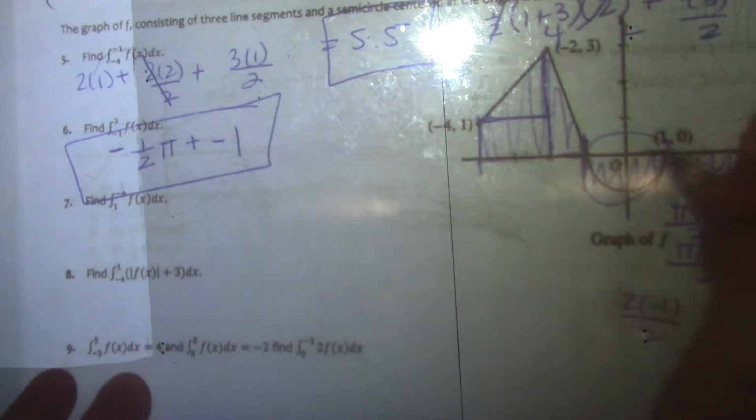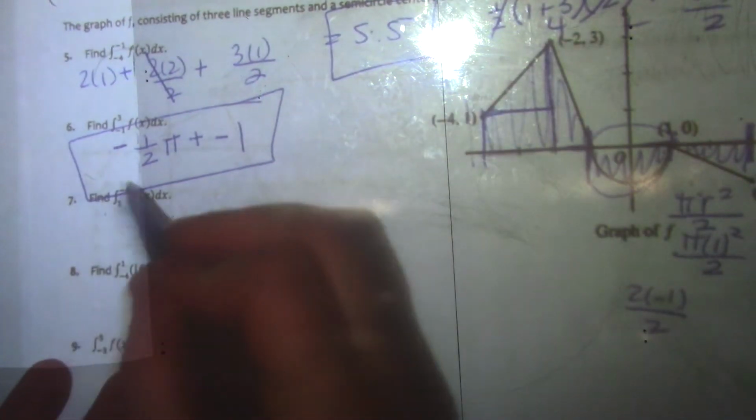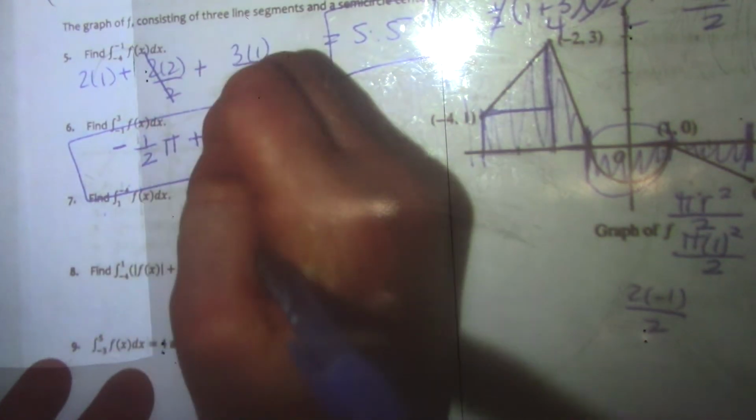From 1 to -4. So 1 to -4 is going backwards. So I'm going to say that's just negative from -4 to 1. So now we actually need to find -4 to 1. -4 to -1, this area right here is 5.5 plus, you've got this -1/2 pi.